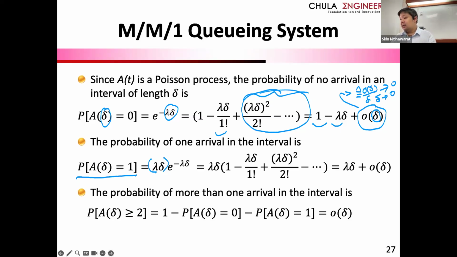But you already know that this thing is 1 minus lambda delta plus little o of delta. So if you multiply lambda delta to it, the dominant term is just this linear term, because the other terms are also sublinear in delta, in shrinking delta.